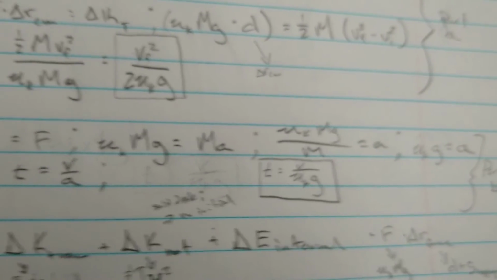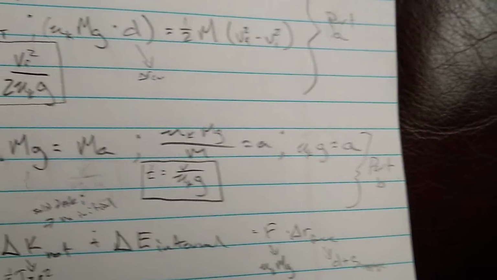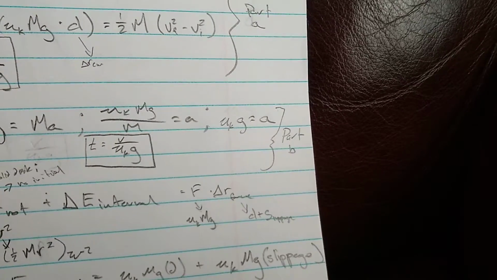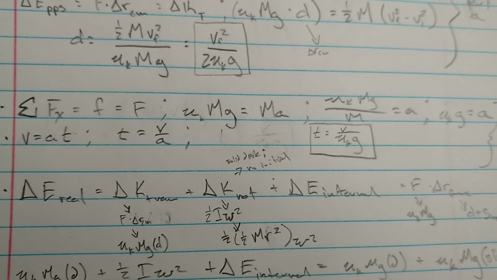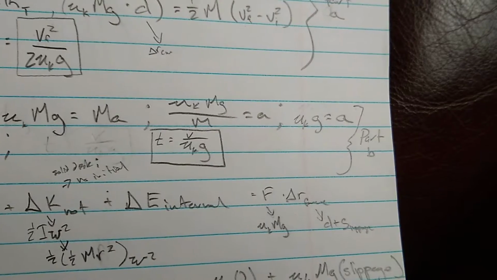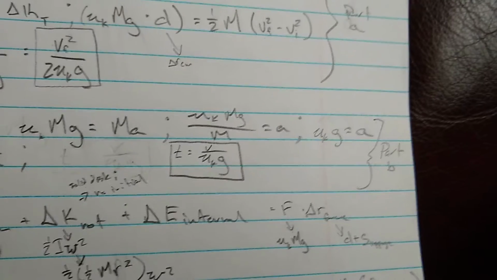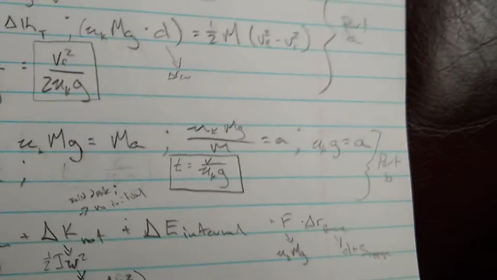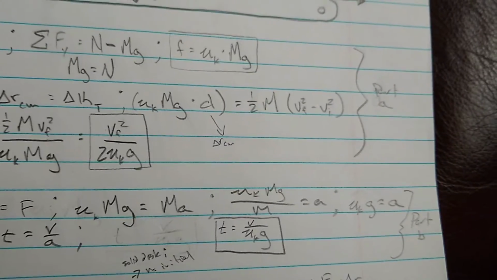The masses will cancel out, and we can solve for acceleration. You will end up getting that the time equals the velocity divided by mu g. And that's the time that it takes for this box to reach its final speed.